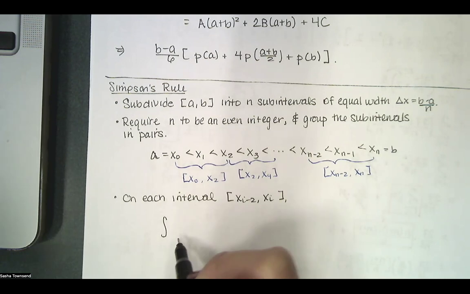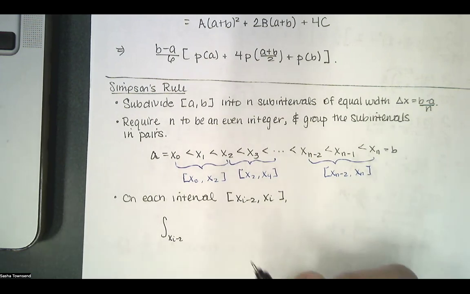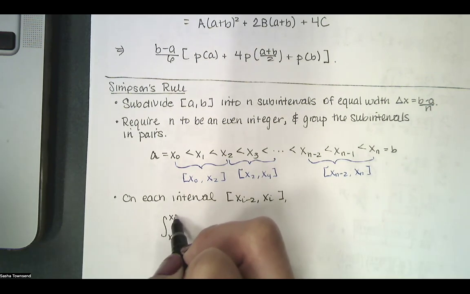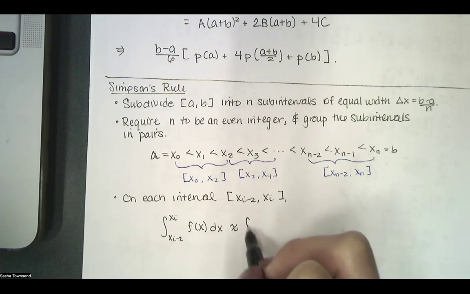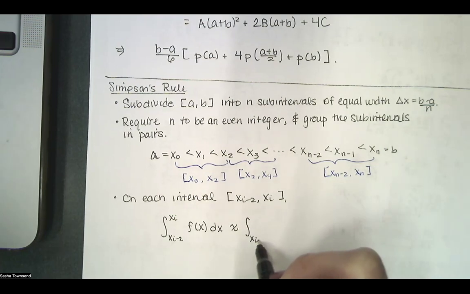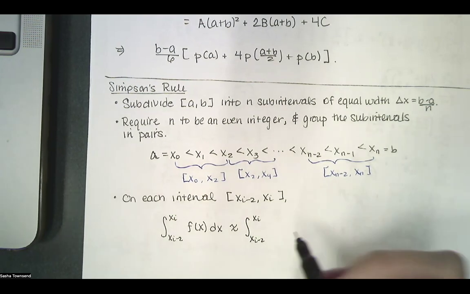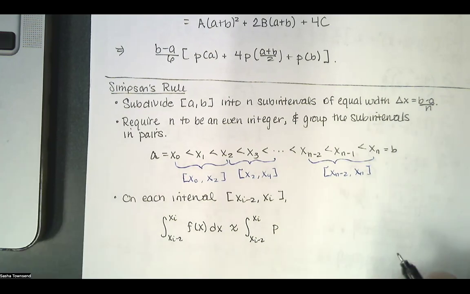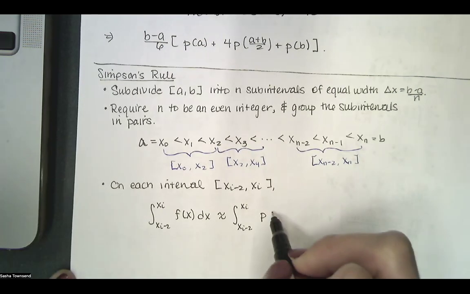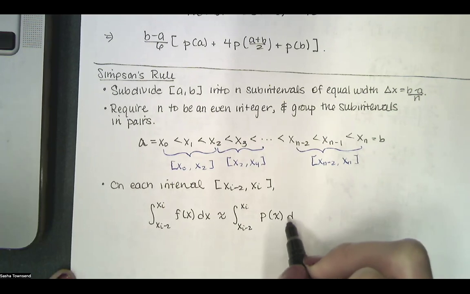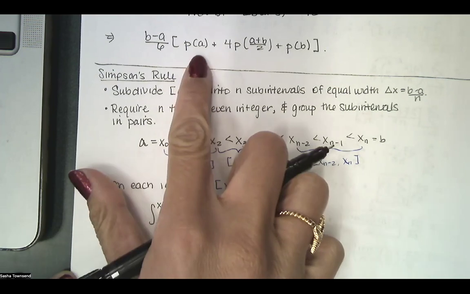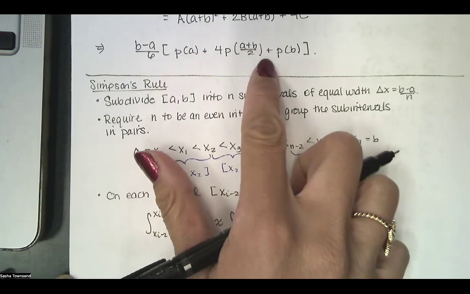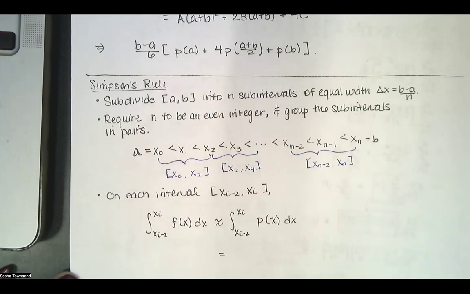The integral from x sub i minus 2 to x sub i of f of x is approximately equal to the integral from x sub i minus 2 to x sub i of our polynomial approximating the function. And then according to this rule that we just came up with, this is giving us the definite integral of that polynomial on that interval.